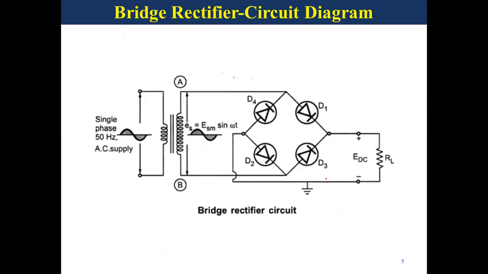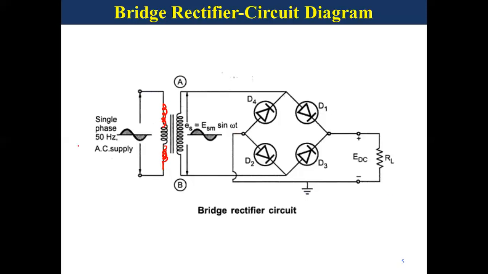Coming to the circuit diagram, the figure represents the circuit diagram of the bridge full wave rectifier, which consists of a step down transformer. The number of turns in the primary is greater than the number of turns in the secondary. And an electrical bridge, which consists of 4 arms, and each arm consists of one diode.